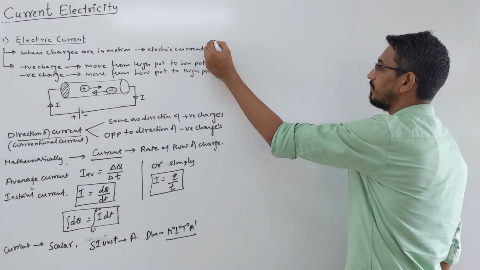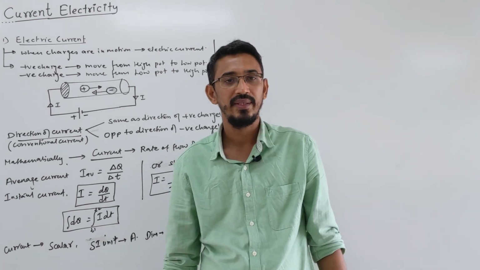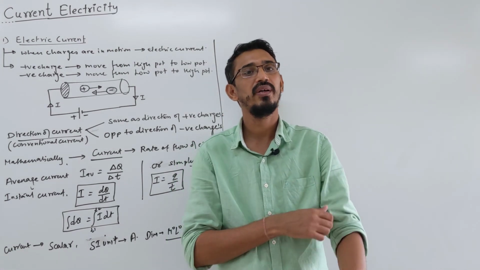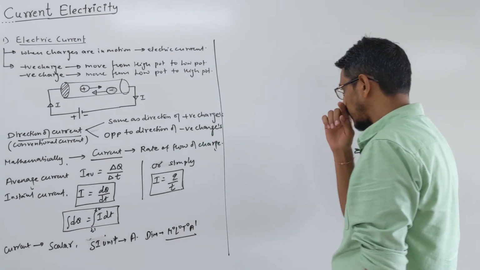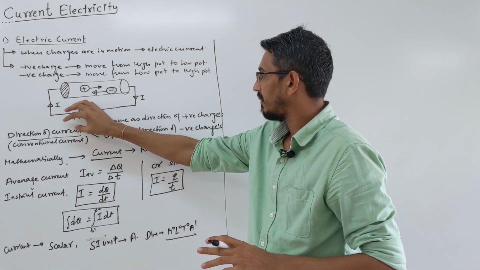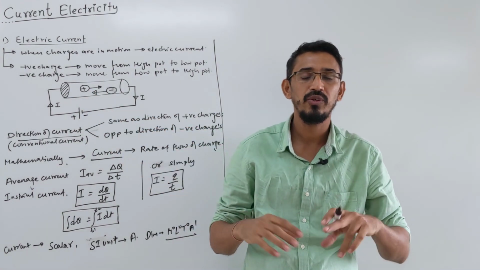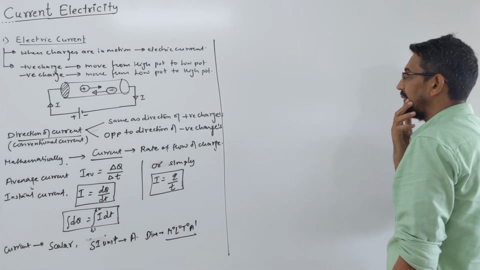Okay, let's move on. Right now we are interested in calculating the full formula of current. What is electric current through a wire? We have to see two situations. Suppose you have a wire, then when you connect a battery with this wire, what happens, and without the battery, what happens. That you want to see. So I am writing two points here.